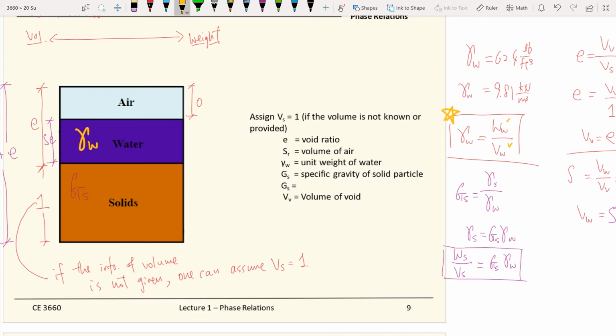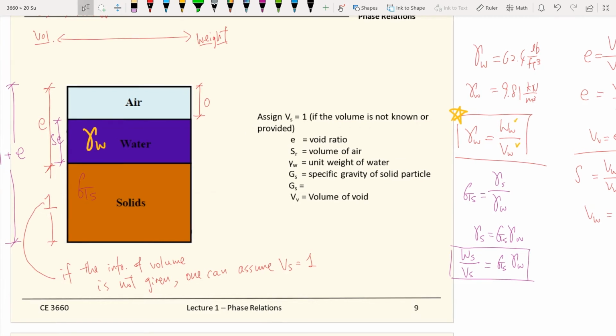Now the case is we know the volume of water. So the weight of the water becomes just the unit weight of water times the volume of the water.